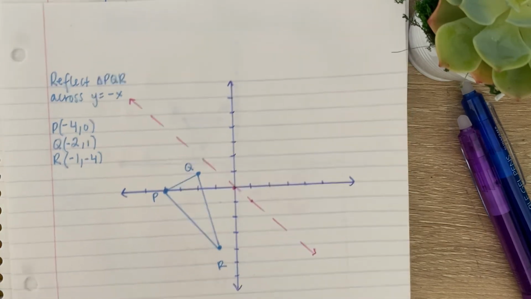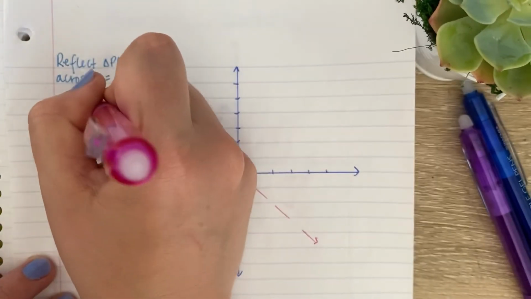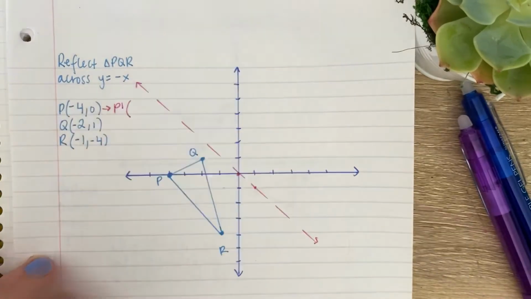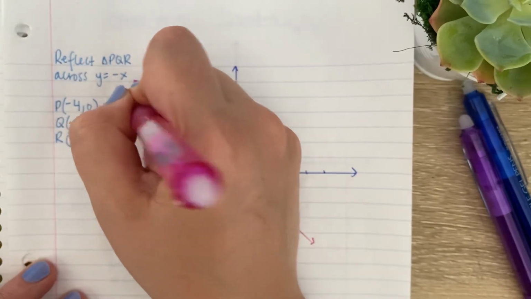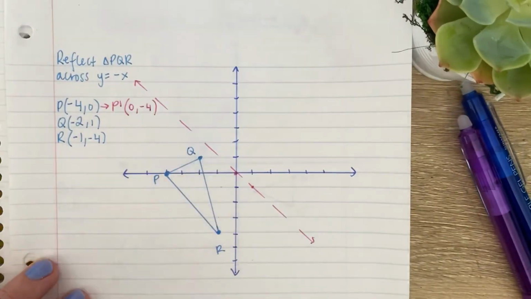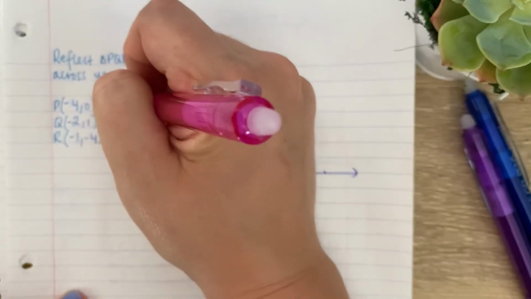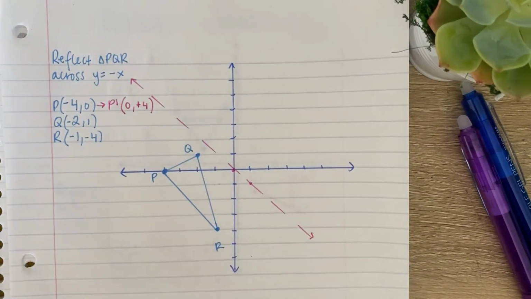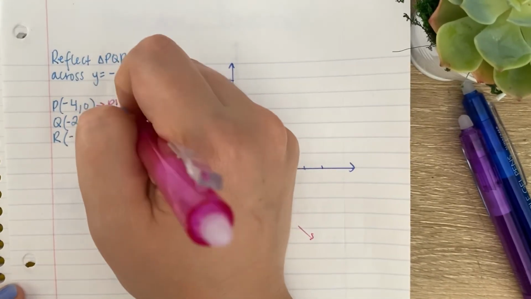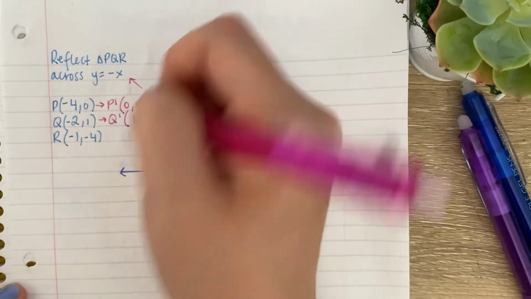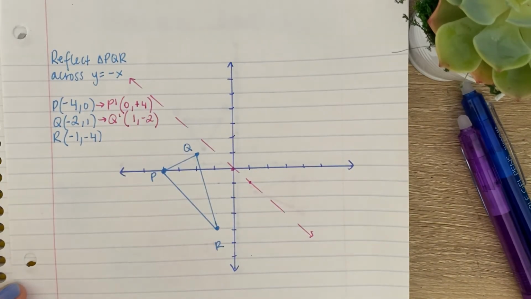So point P prime, let's change our numbers. It'd be 0, -4, but I have to change the sign. 0 just stays 0, and -4 becomes +4. Or you just can erase the sign. Okay, Q prime, you have 1, -2, that's me flipping the numbers, but then we have to change the signs.